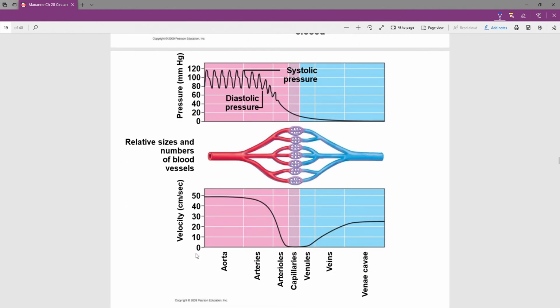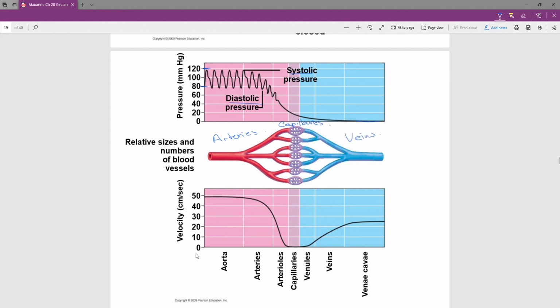This is an image showing the blood pressure in the arteries here. You can see the pulse, if you will, the high and the low pressure, the systolic and the diastolic pressure. After the blood goes through the capillaries, it's stripped of that pressure and it's at a low pressure over here in the veins.